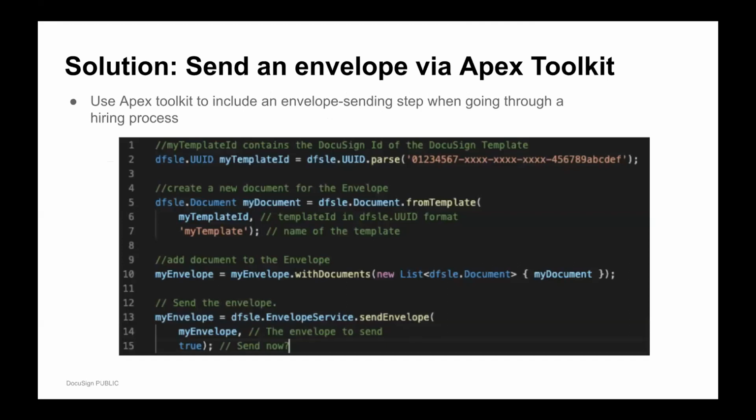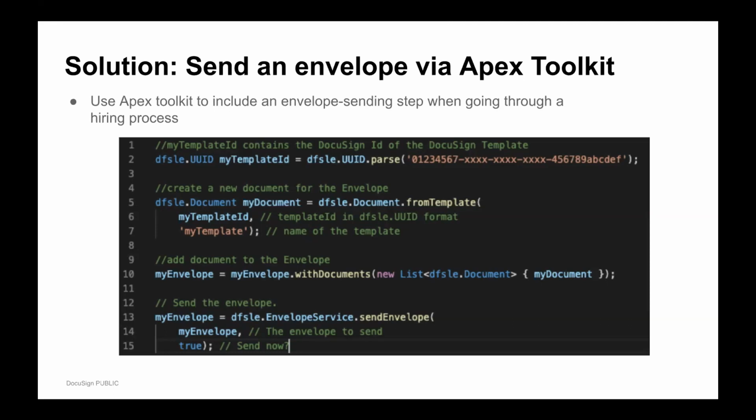Through the Apex Toolkit, you can send an envelope programmatically. In particular, you can use Apex Toolkit service methods to embed the sending functionality into your custom components to send the envelope for signature. So not only would a custom component send the email to HR when prompted, it can also send the offer letter to the candidate within the same transaction, say, a button click.